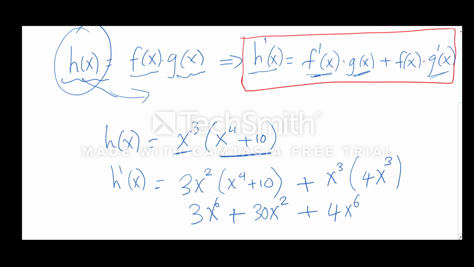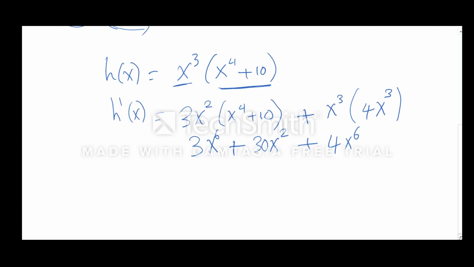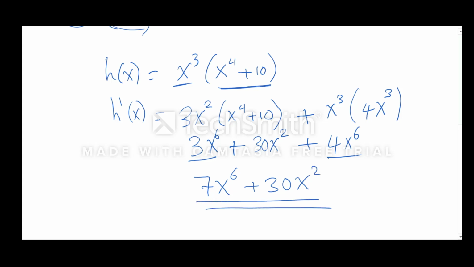Bring like terms together, add those two, that is 7x to the power of 6 plus 30x to the power of 2, and that will be your final answer for this problem. If we multiplied all this out and then took the derivative, this is also what we would get, but just to illustrate the product rule, I treated these two as two different functions.